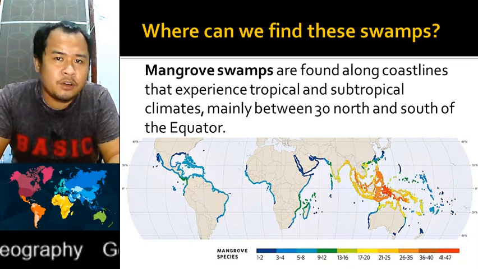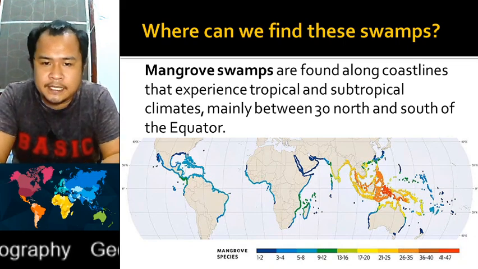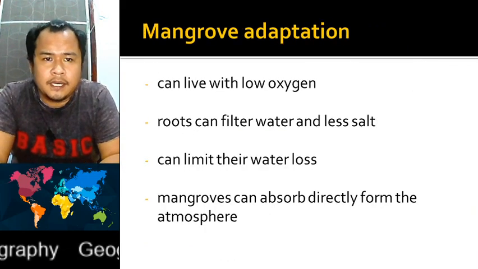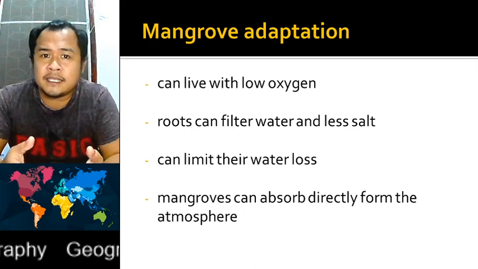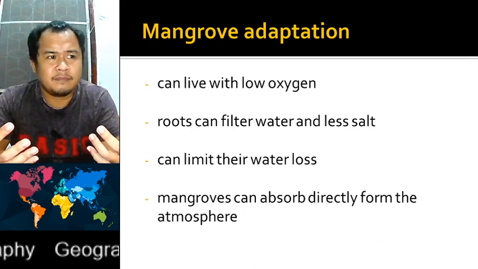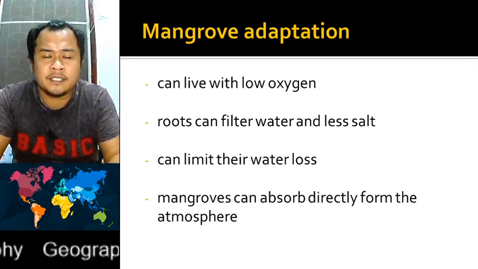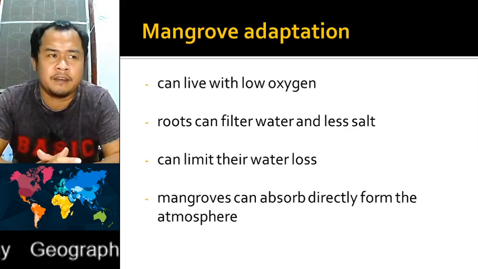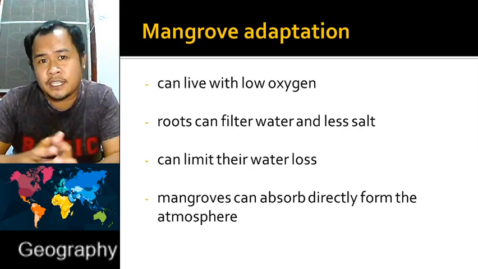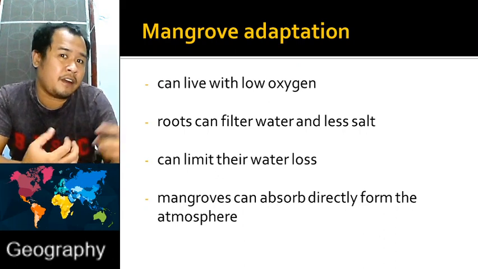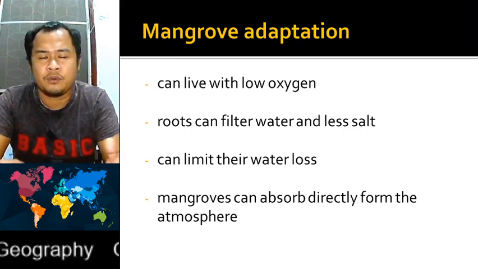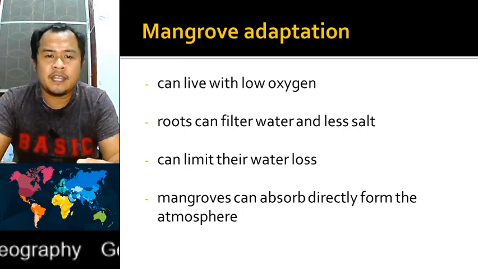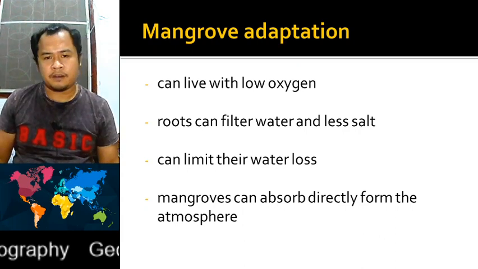Take note that mangroves cannot live in cold places. These plants need a certain type of environment to live. They cannot live on just dry land. They cannot live on very wet land. It has to be somehow in between, and they have adapted to this type of situation.